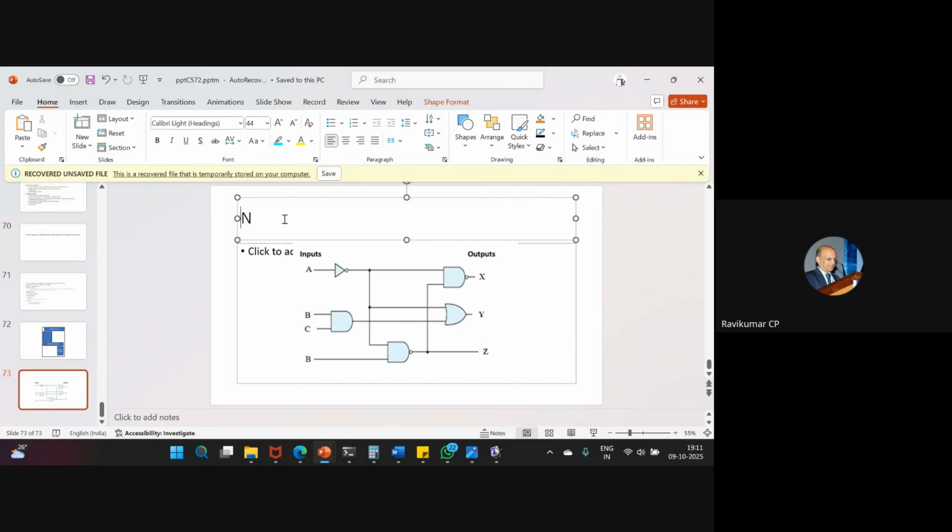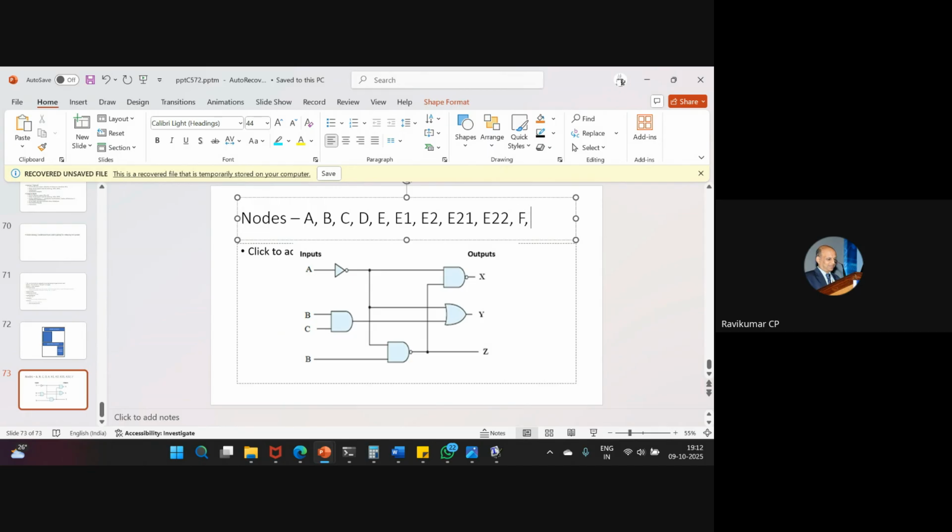So nodes are A, B, C, D. Then E is the output of the NOT gate. Then it branches into E1 and E2. Then that E2 branches to maybe E21 and E22, right?